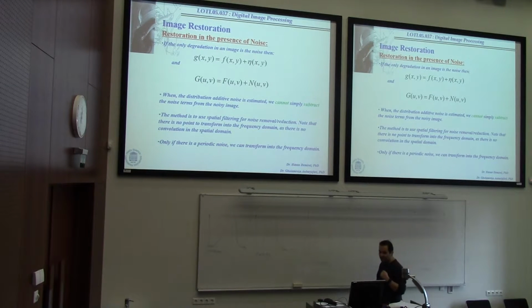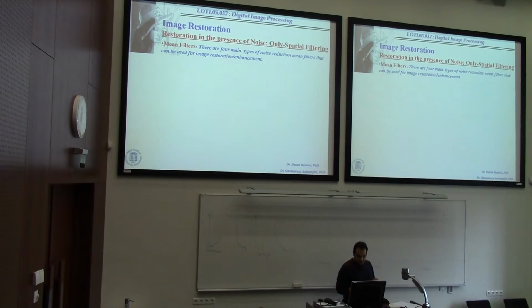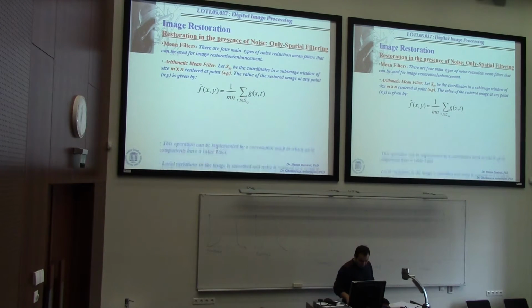But when you don't have any periodic noise, it will be better that you do it in the spatial domain. But also you can do it in the frequency domain, but it has some cost for you or your algorithm.